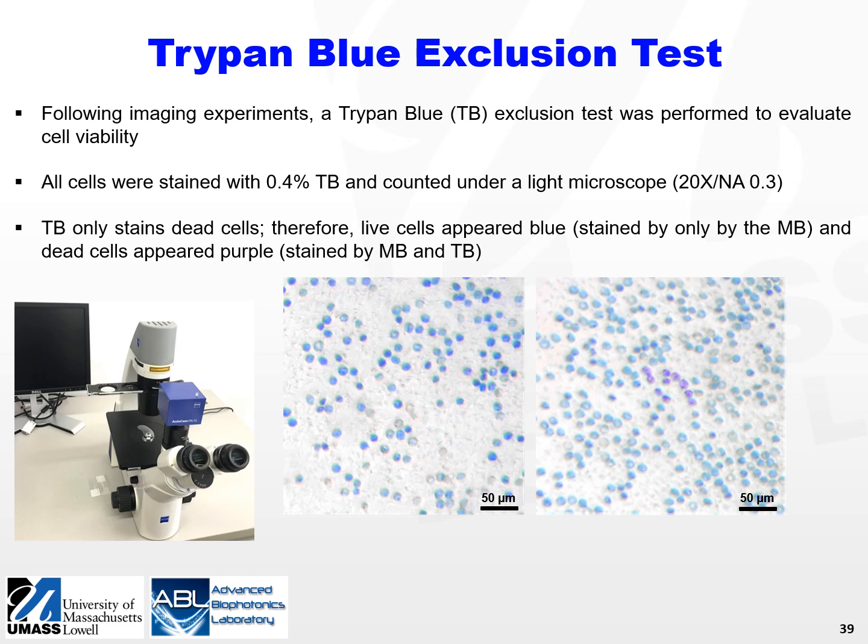Trypan blue only stains dead cells. Therefore, live cells appeared blue, whereas dead cells appeared purple because they were stained with both methylene blue and trypan blue. Using this method, we determined that cell viability after imaging was greater than 95%.